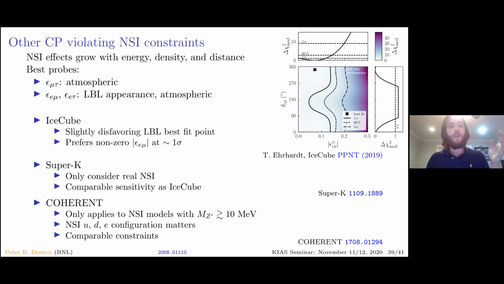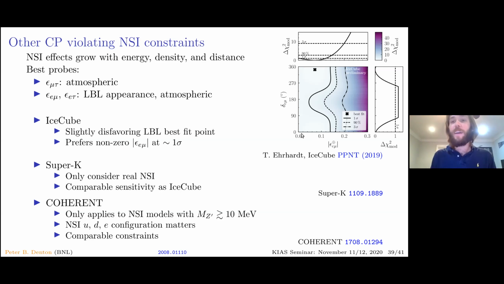So IceCube, as I showed, they slightly disfavor the best fit point, but not really. Also, looking very carefully at their plots, which I'm showing on the top right here, they actually very slightly disfavor zero. So I said all the significances were low. This is even less significant than that. But I can't help but get excited when I see something that appears to line up.